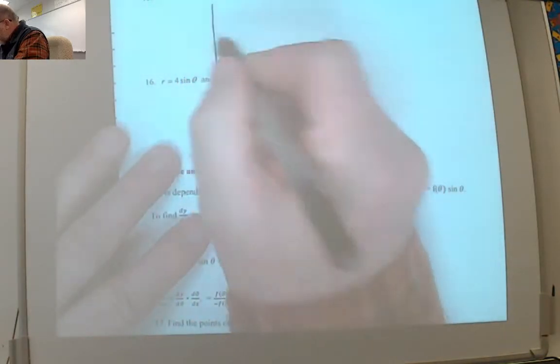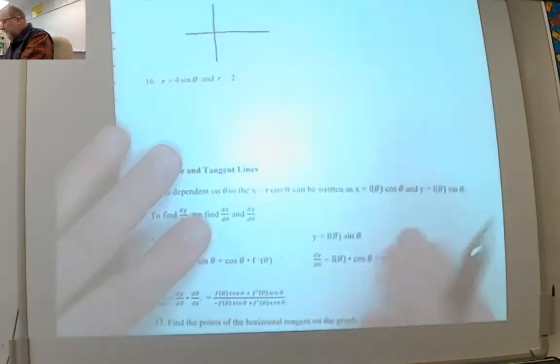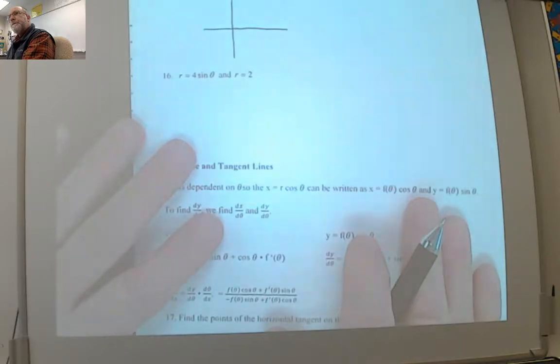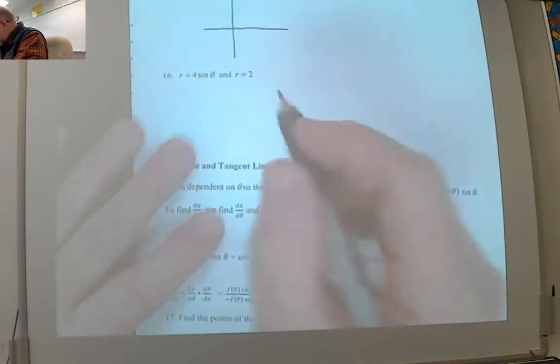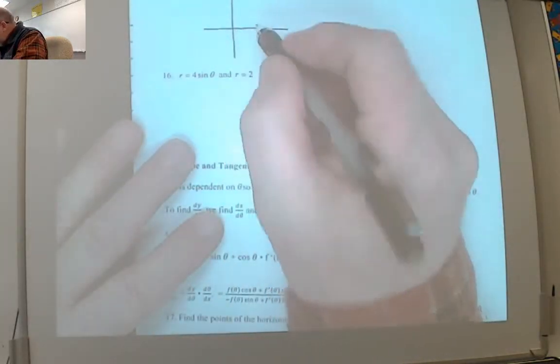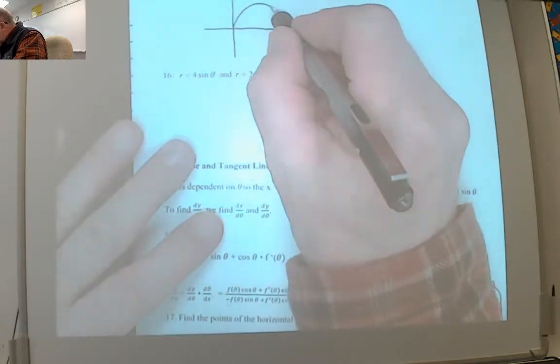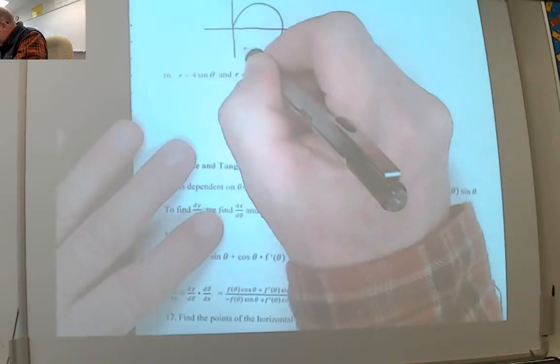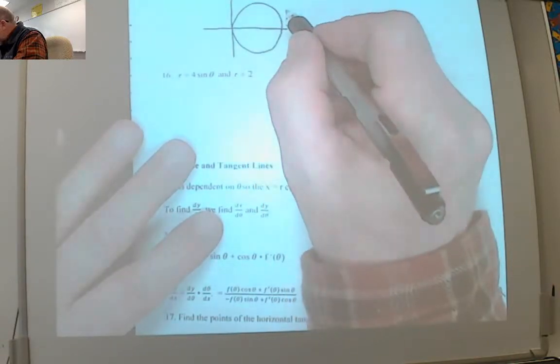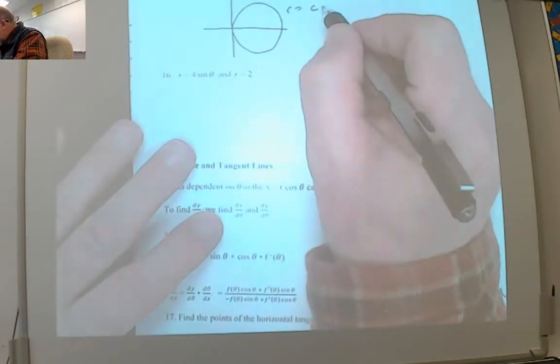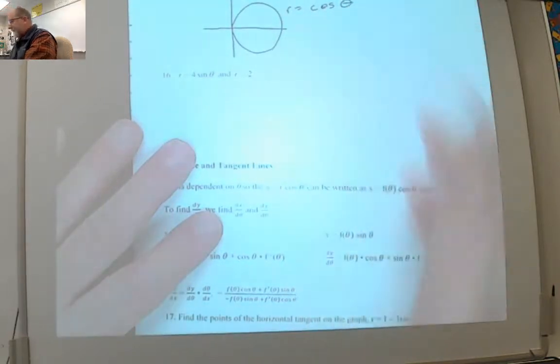So I could draw this one. Do you just plug it back in to get the 1 on the other side? Yes. Okay. And so r equals cosine theta looks like this. That's supposed to be a circle. It looks like an angle. It doesn't look like a circle.